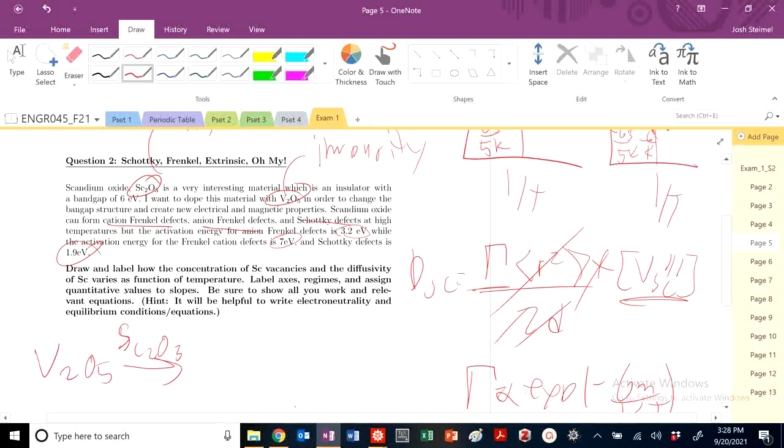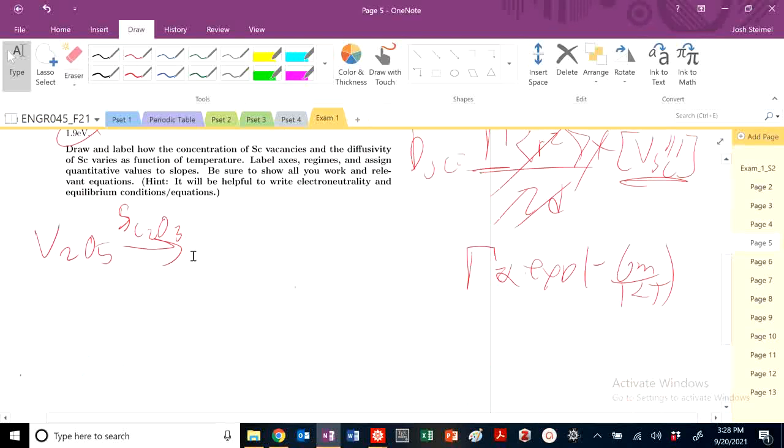Let's make sure that it's correct. I need a vacancy of Sc, and that's going to be minus 3. I also need to put V substituted for Sc. Vanadium is 5 plus and scandium is 3 plus, so that's going to be a positive 2.